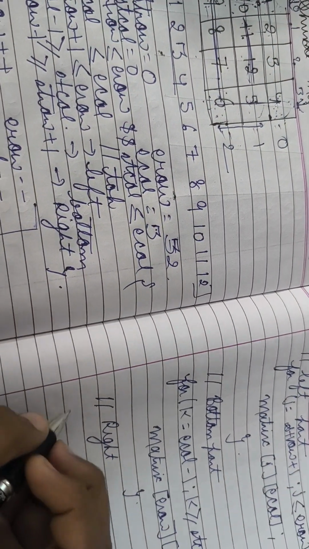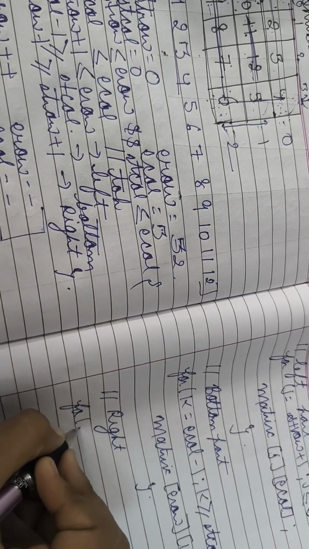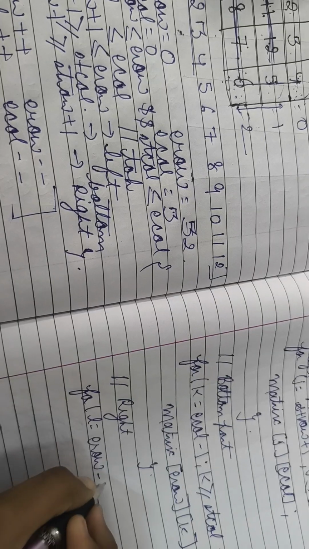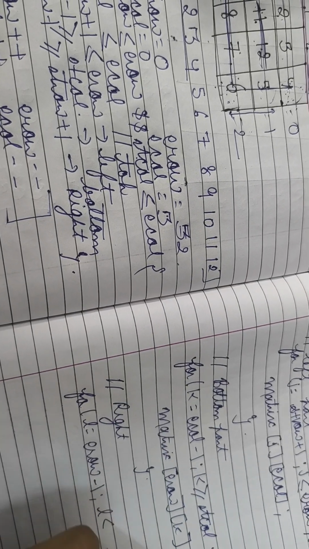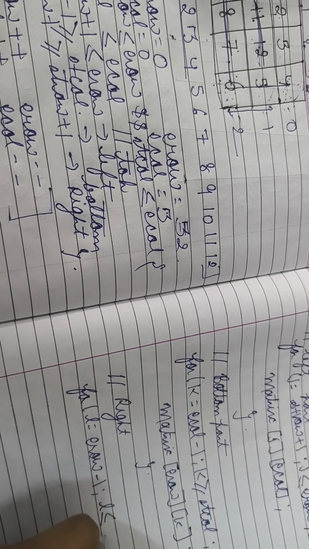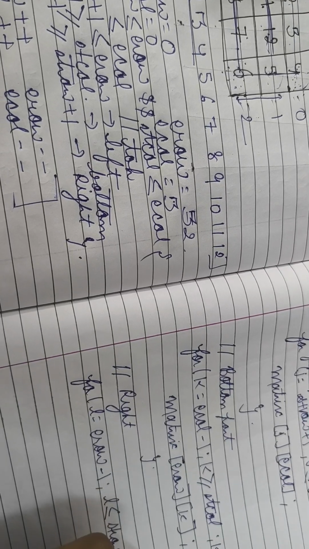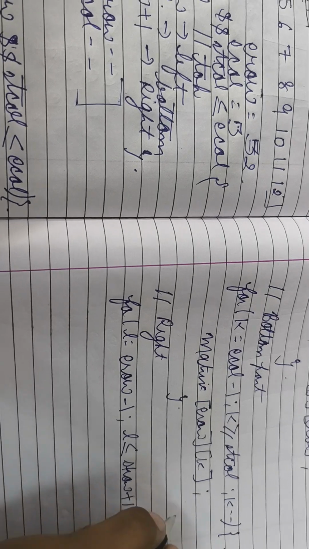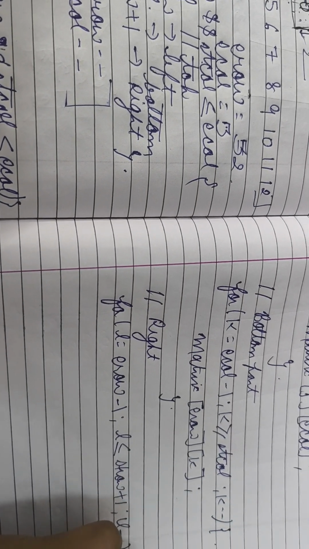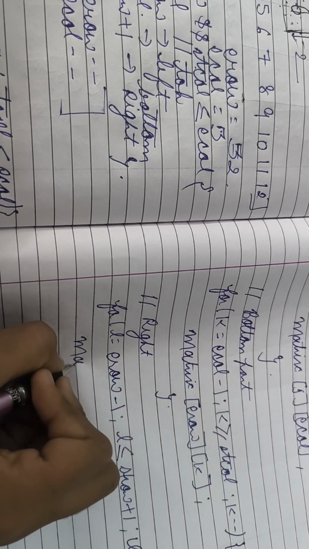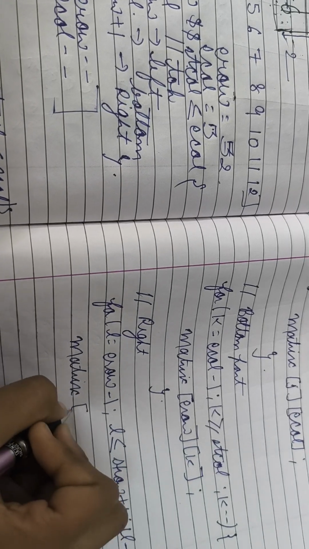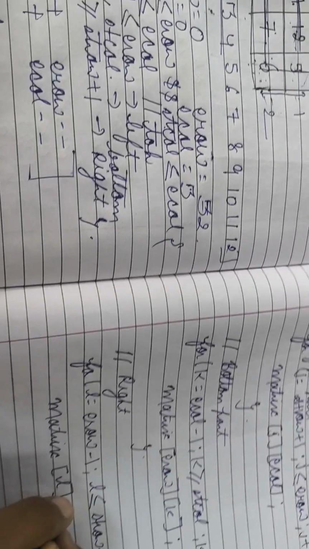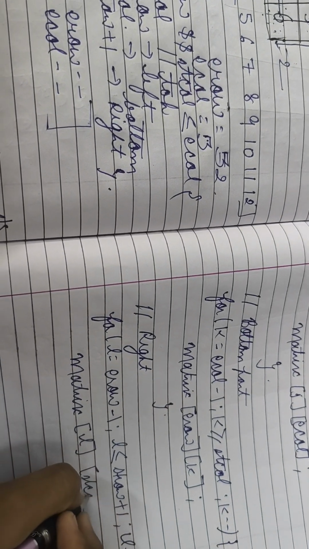So for printing the right part, I am going to take, suppose L, so L is going to be ending row -1 and it would be greater than or equal to starting row +1 and L minus minus will be done, and then you are going to print matrix of L, and the column is fixed over here, which is the starting column.